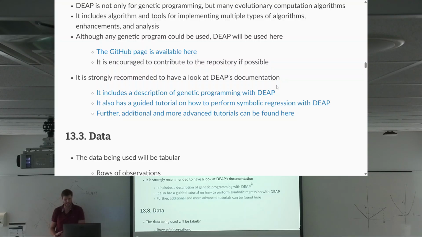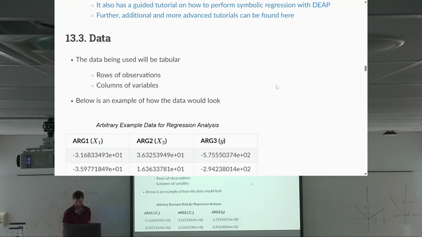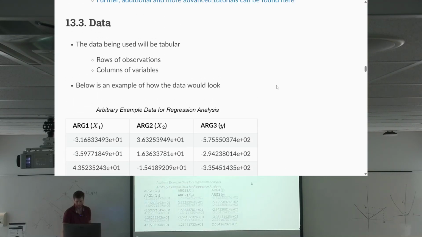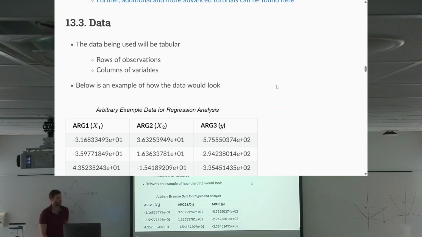So we're using DEAP. And then the data. Typically, when doing symbolic regression, you want your data in a matrix or in tabular form, okay? Looks something like this.